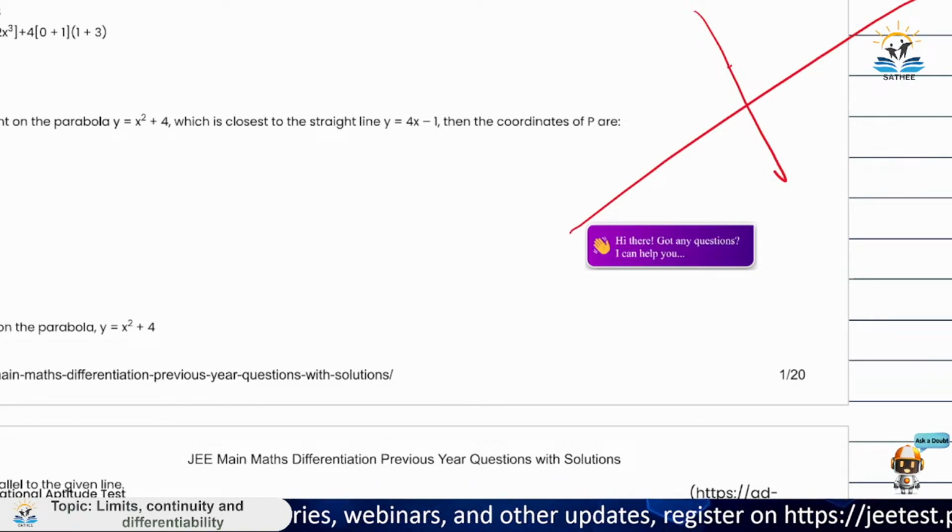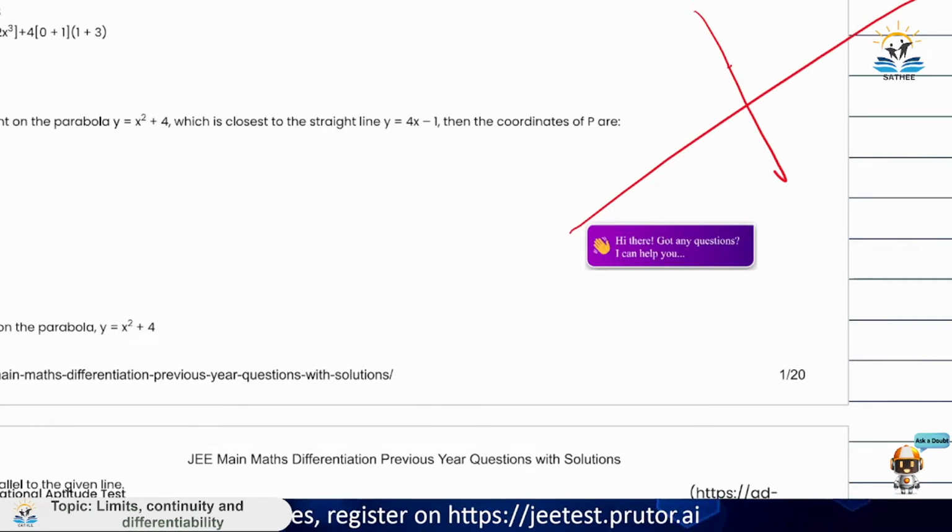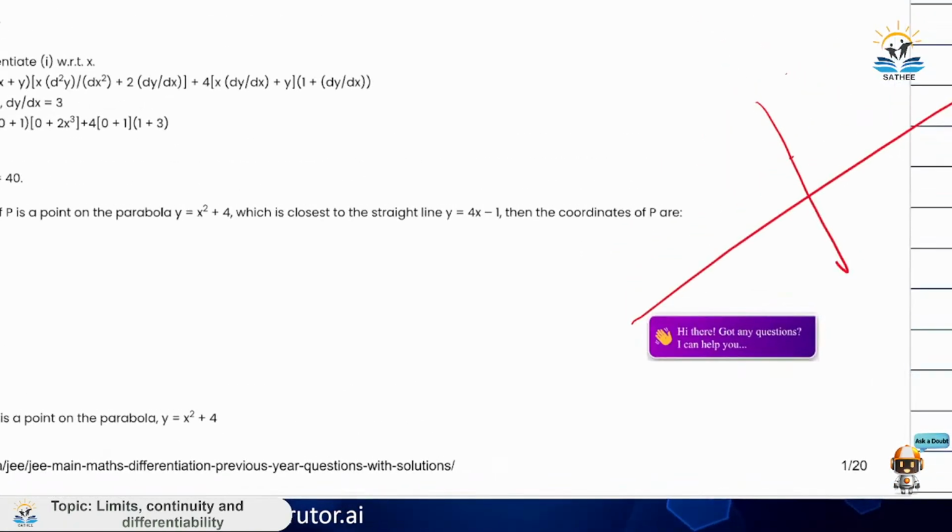And the minimum, so it is this. This is the function that we have.